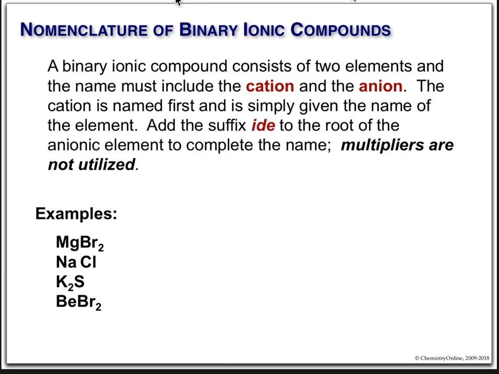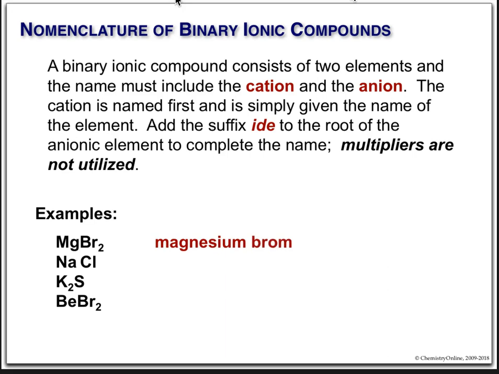Second word, we look at the next element. This is the anion. And you try to figure out what the root of the element is. This is bromine. The root is going to be brome. So we do magnesium, and then we put in brome.